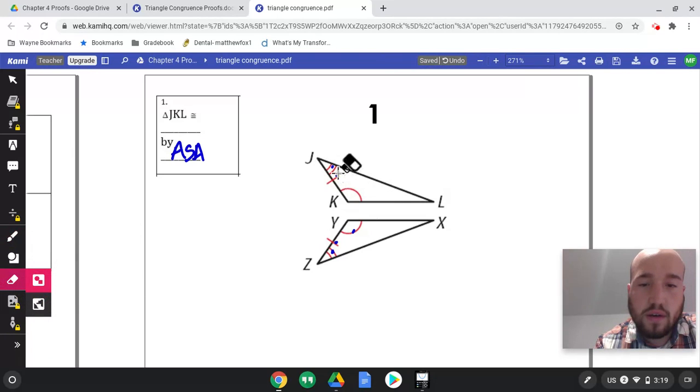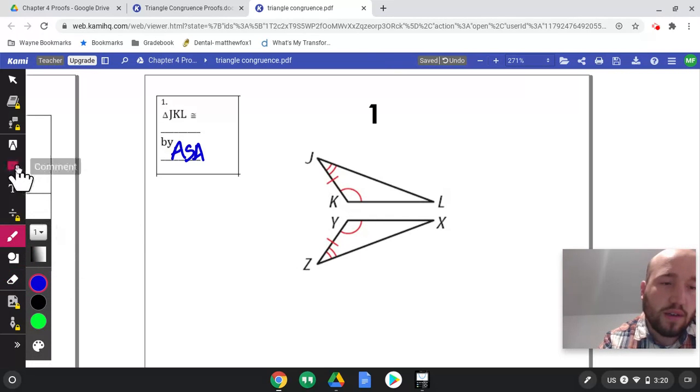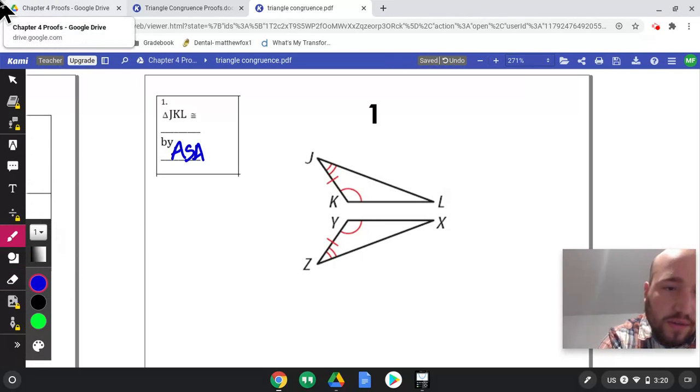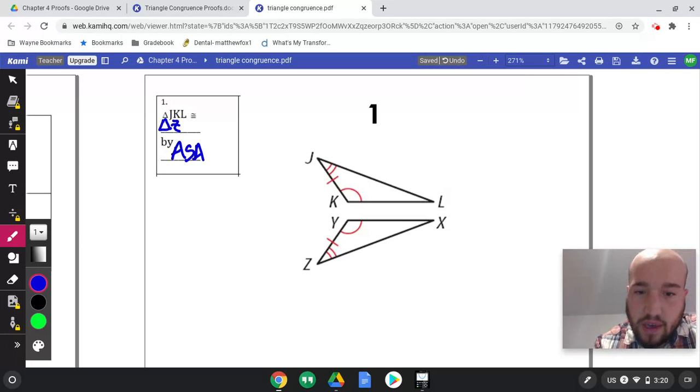So if we look here, we see that J is the same as Z because they both have two marks. So we know this one has to be triangle Z. We'll go first. Now the K has one angle mark, so that will match with Y. So ZYX is what our answer will be.